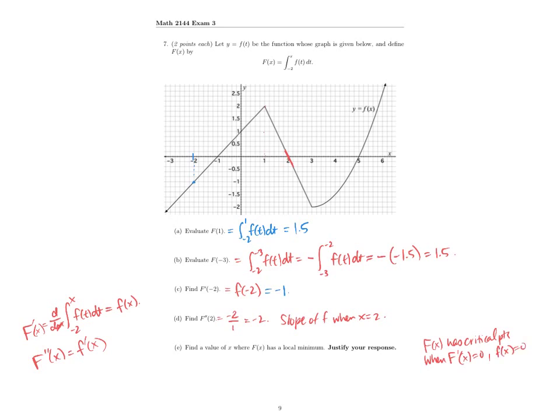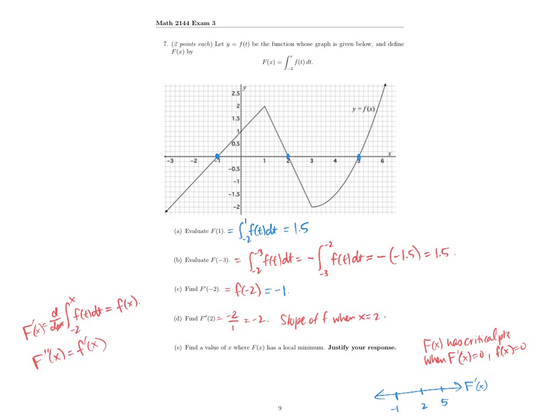So the critical points of big F are all the places where little f is equal to 0. So this is a critical point, that's a critical point, and that's a critical point. So if I make a number line here for big F prime of x, my critical points are at -1, 2, and 5.